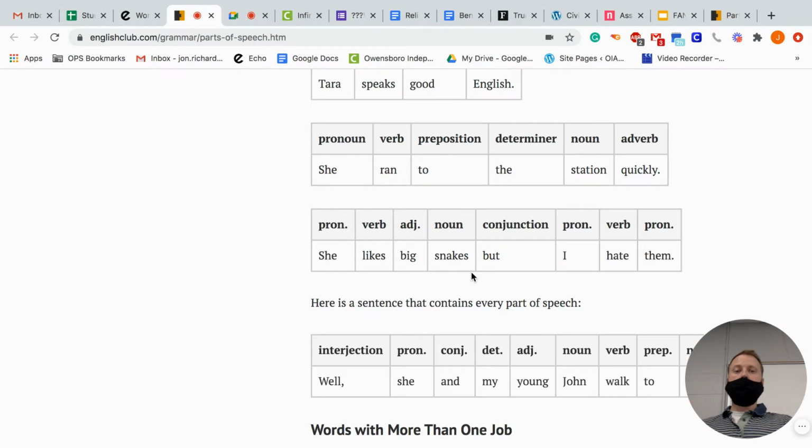Likes big snakes. Now we have a conjunction, which is a fanboy that we're using right now. And we're putting two complete thoughts together because we have another complete thought on the other side of our conjunction. Okay? On this side, who or what is our subject?